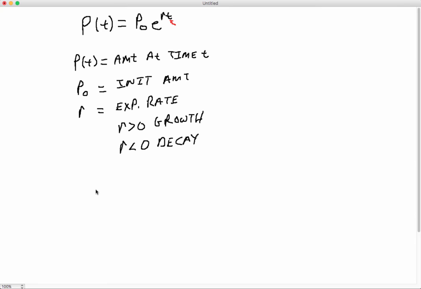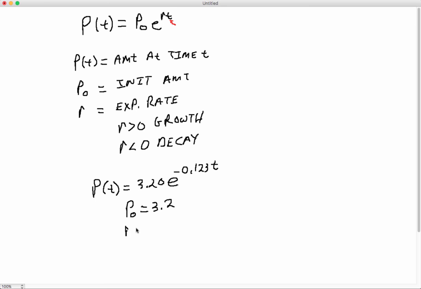Let's do a brief example. Say I give you P of t is equal to 3.20 times e to the negative 0.123 t. That's going to be an exponential decay function. Our initial amount, P sub 0, is equal to 3.2. I actually didn't need to give you that trailing 0, did I?